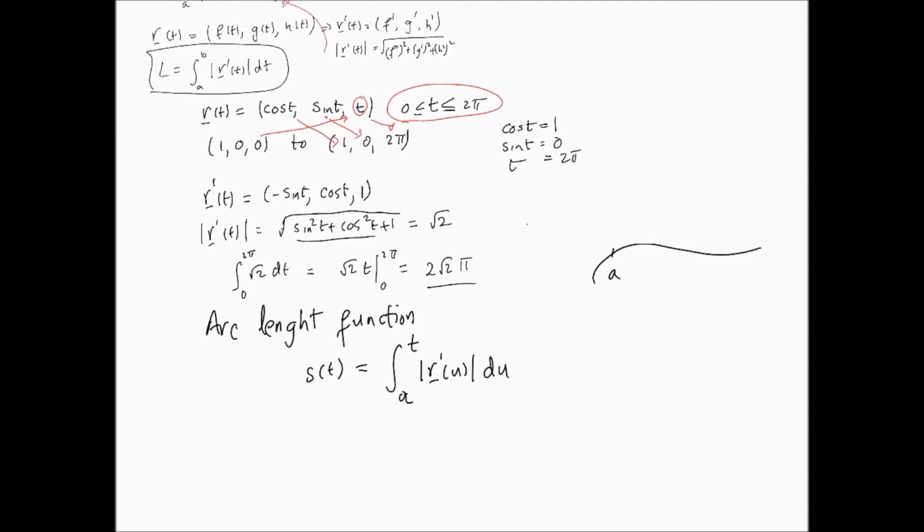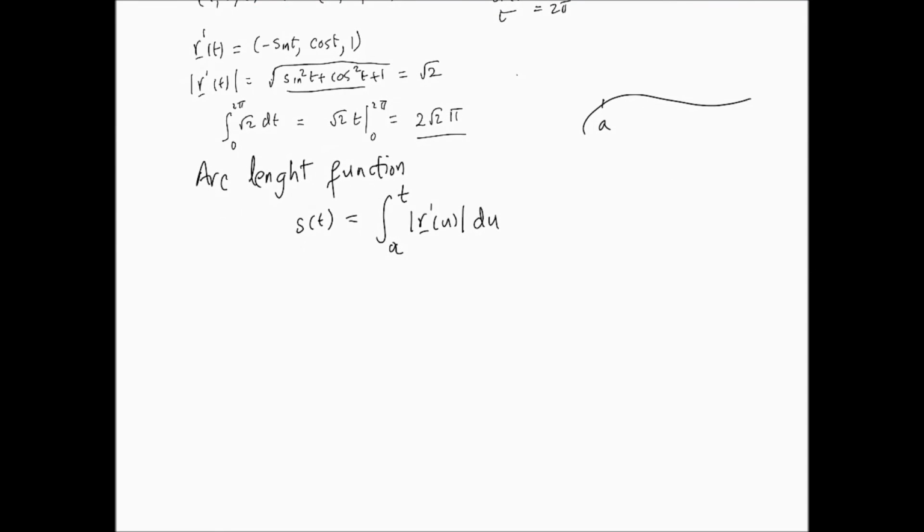So for instance, if you were to calculate in the helix example we've just done above, instead of from 0 to 2π, we'd be looking at the integral of exactly the same thing, which is √2 du, and the result is √2 t.